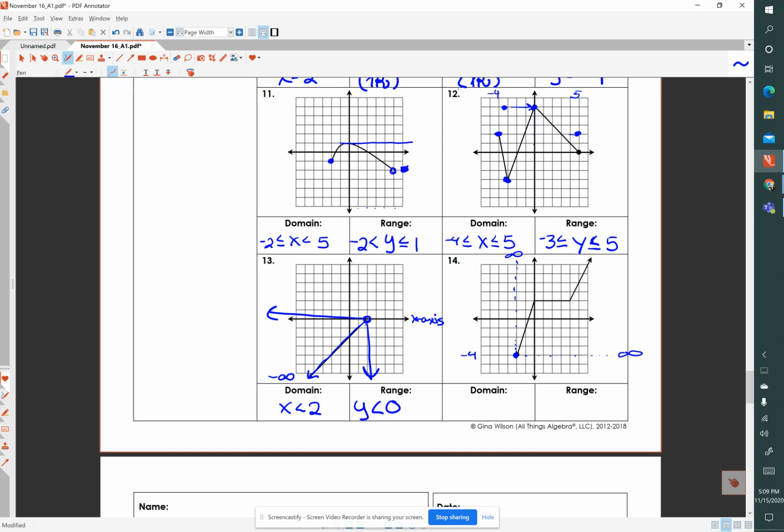So in this case, and we have a solid dot, so we're going to include the equal sign. In this case, x is greater than or equal to -2, so all the way to infinity, and y would be greater than or equal to -4 all the way to infinity.